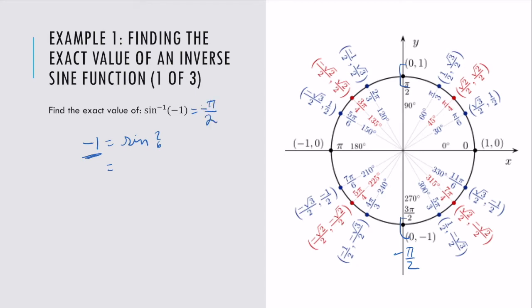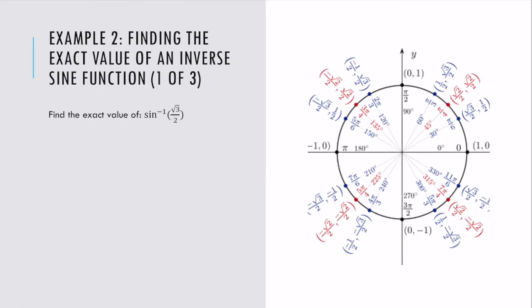Let's work through another example. What if I have sine inverse of the square root of 3 over 2? Remember that sine of theta is going to be our y output.